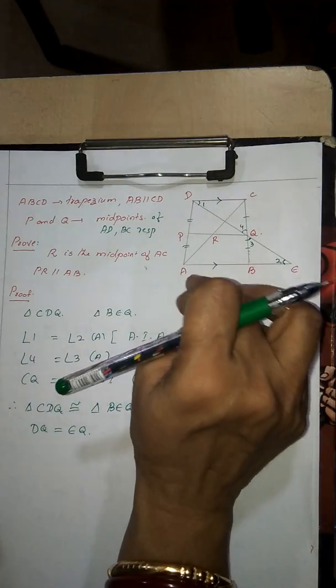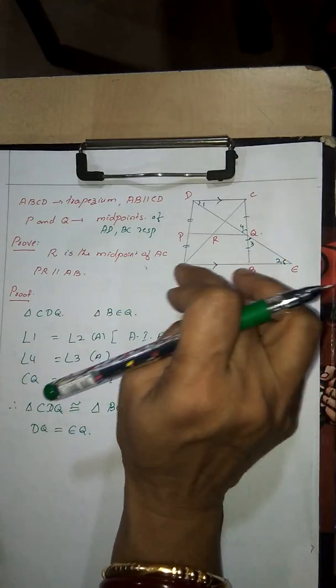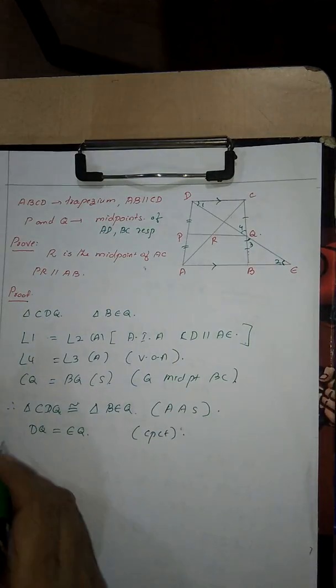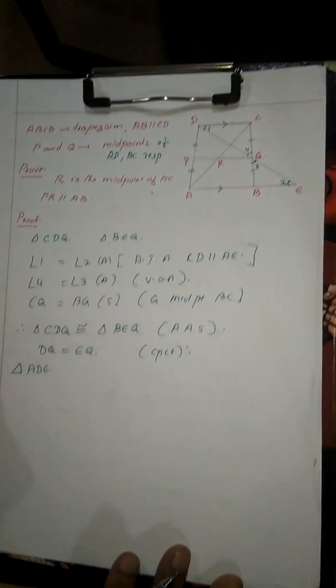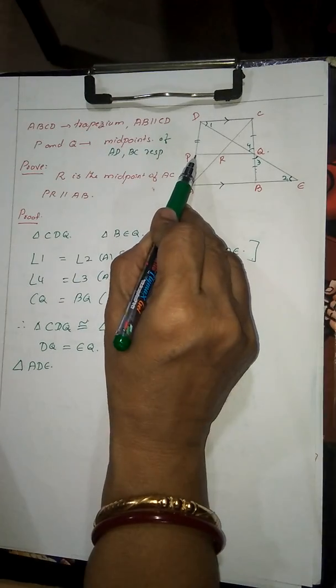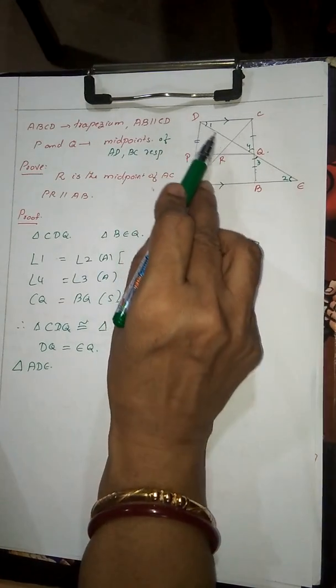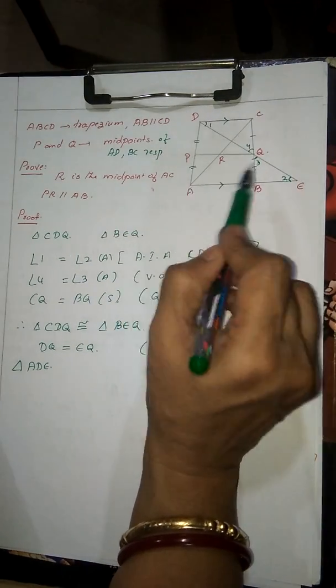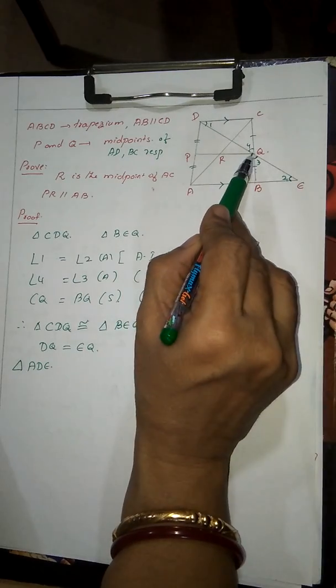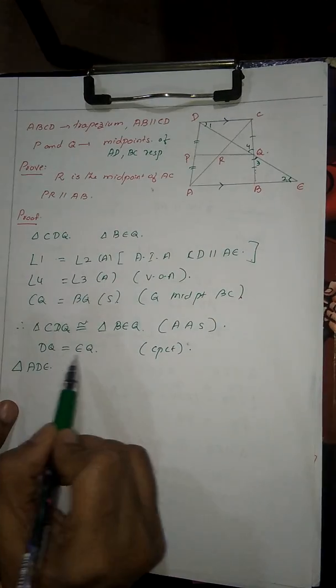Now we'll consider the triangle ADE. Now you have P as a midpoint, Q is the midpoint of ED. Earlier Q was the midpoint of CB. Now to consider this triangle we need Q as the midpoint of DE. That's what we have proved.